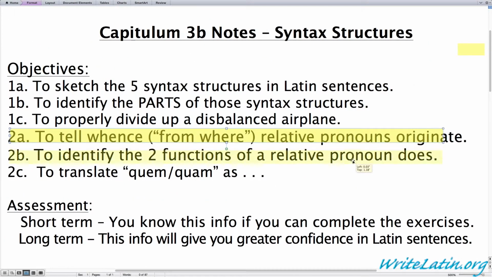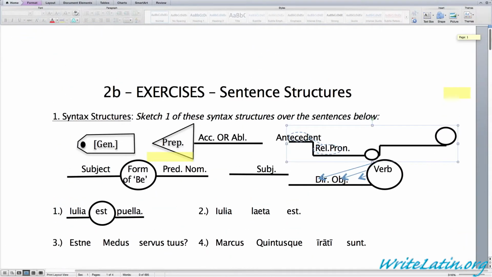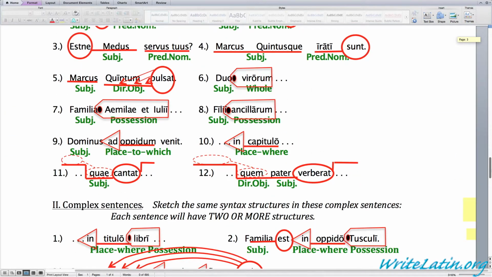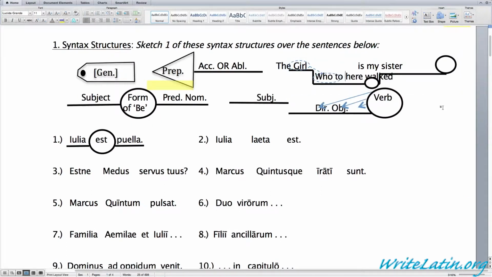So, we learned where relative pronouns come from, and now we have to identify the two functions of a relative pronoun. The two functions of a relative pronoun are discernible from a standard relative clause. We could make it an accusative relative pronoun and say, "The girl whom I know is my sister." So, what are the two things that this relative pronoun whom does?